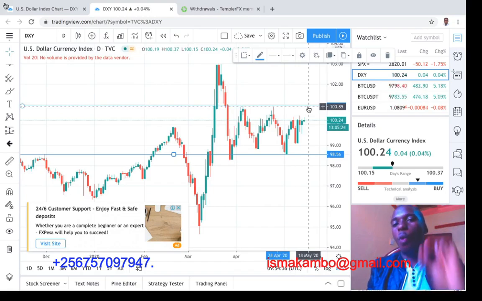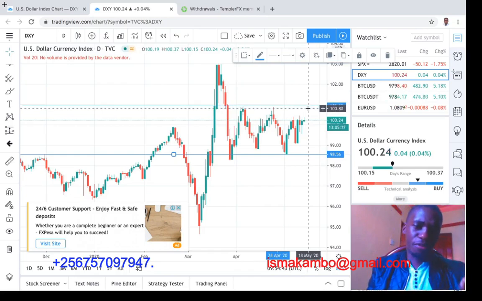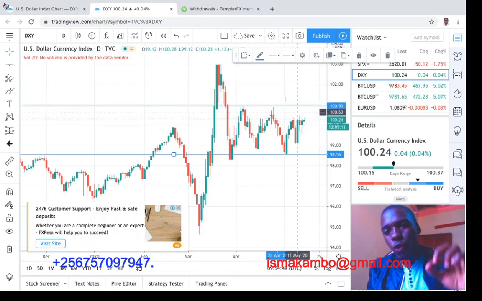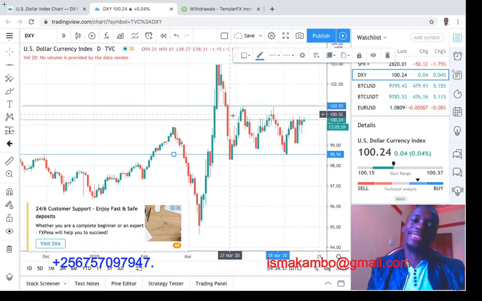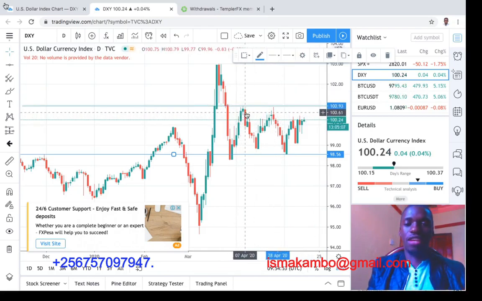When it reaches here, this is the best time, the best place from where we can actually tell of the exact future movement of the United States dollar. So when it reaches here, we will be expecting it to do as it has done in the near past.